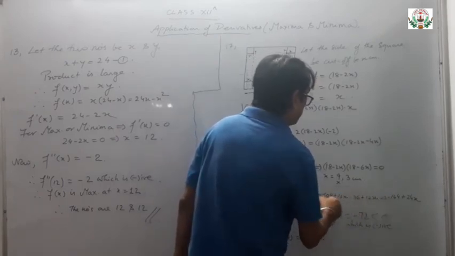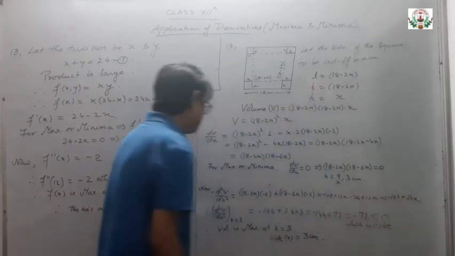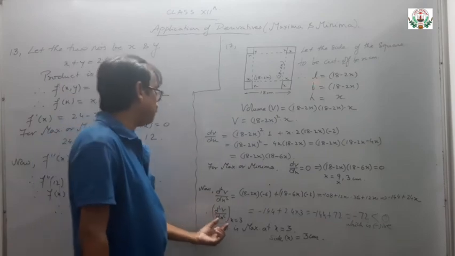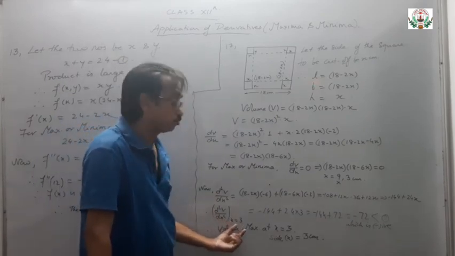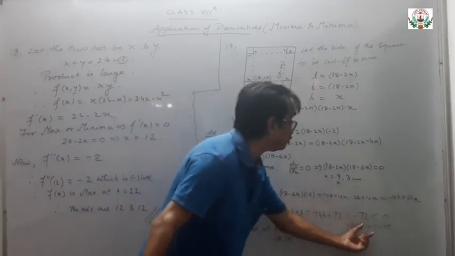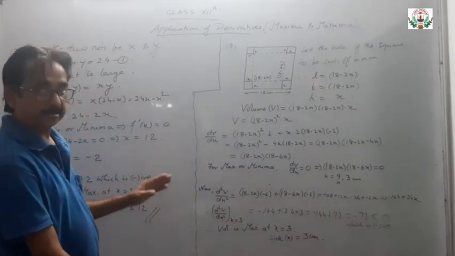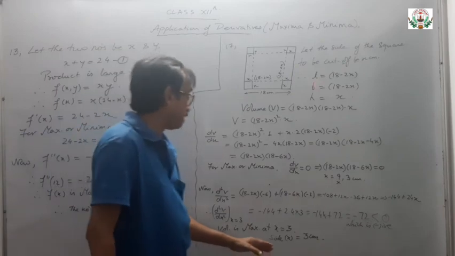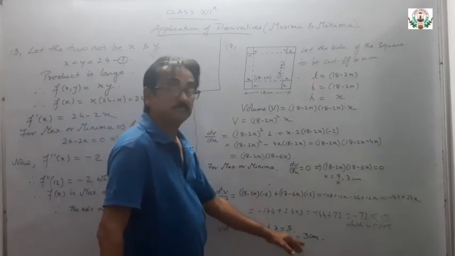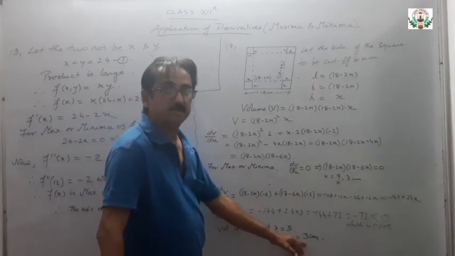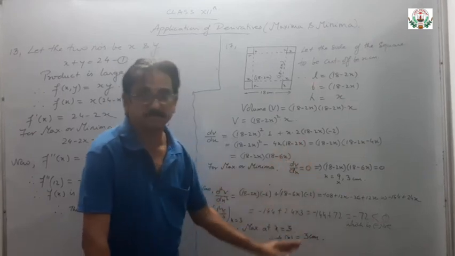So minus 144 plus 24x. And the second order derivative at x equals 3 gives a negative value. So it will be a maximum volume at x equals 3, and the side that is possible is x equals 3 centimeter.